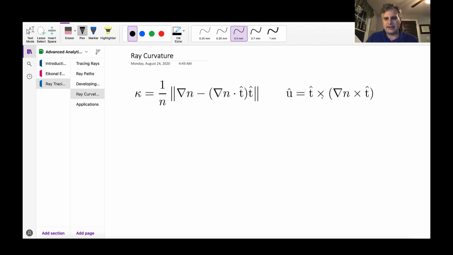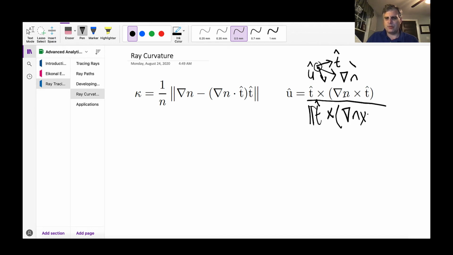My u hat has to be equal to the direction of t hat crossed into the gradient of n. That gives me a perpendicular component. And then when I cross that into t, that further gives me my u hat vector. And I think there should be some normalization on this equation, just to make sure that we get a unit vector out of it. But this will make everything point in the right direction.